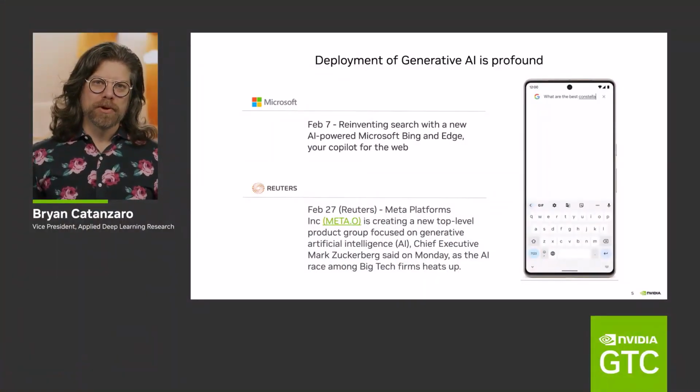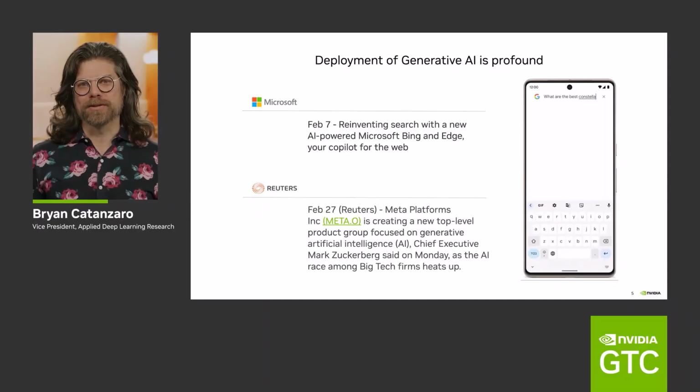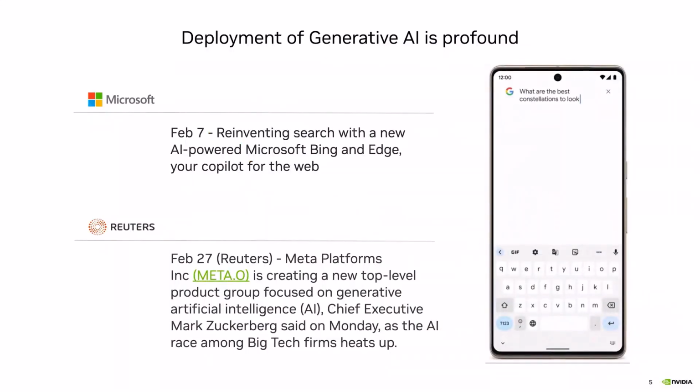The deployment of generative AI is happening at a rapid pace, and it's really happening in a profound way. Just over the past few weeks, we've seen Microsoft reinvent search by integrating AI-powered copilots into Bing and Edge. We saw Meta announce a new top-level business group that is focused on generative AI.